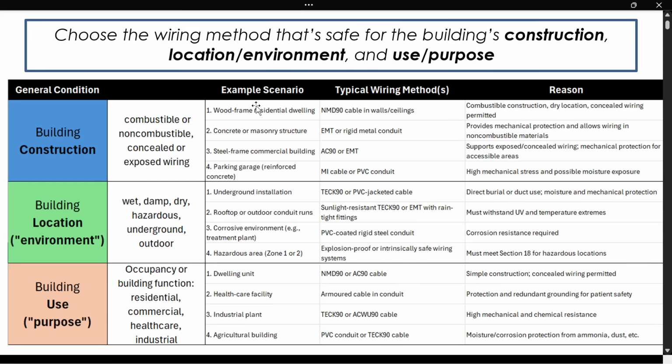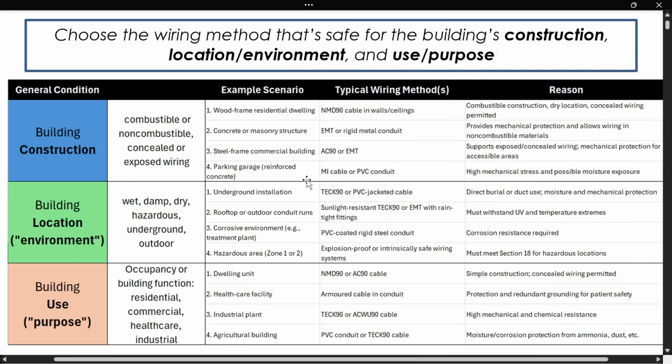But we could also have a building construction that is concrete or a steel frame. Both of those codes in Canada and the US push you towards conduit or armored cable. That's for protection of the installation, actually, because there are unfriendly surfaces where mechanical protection is required.